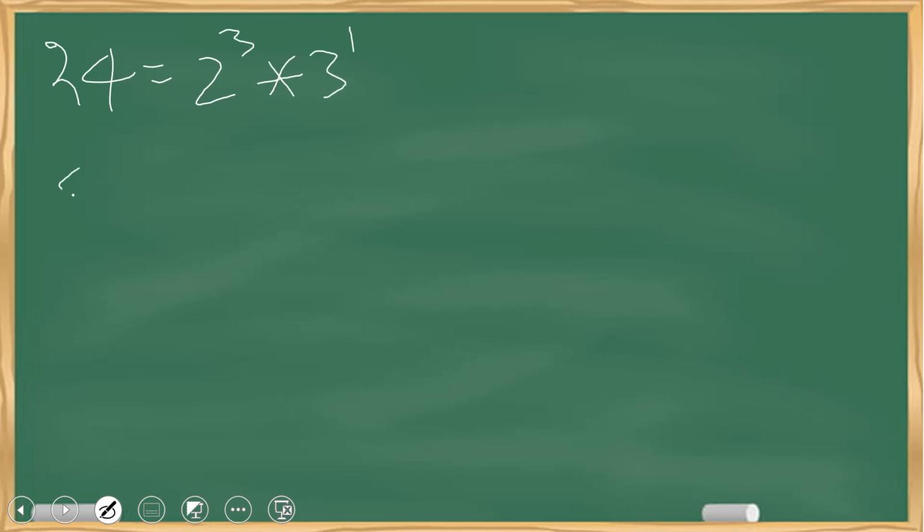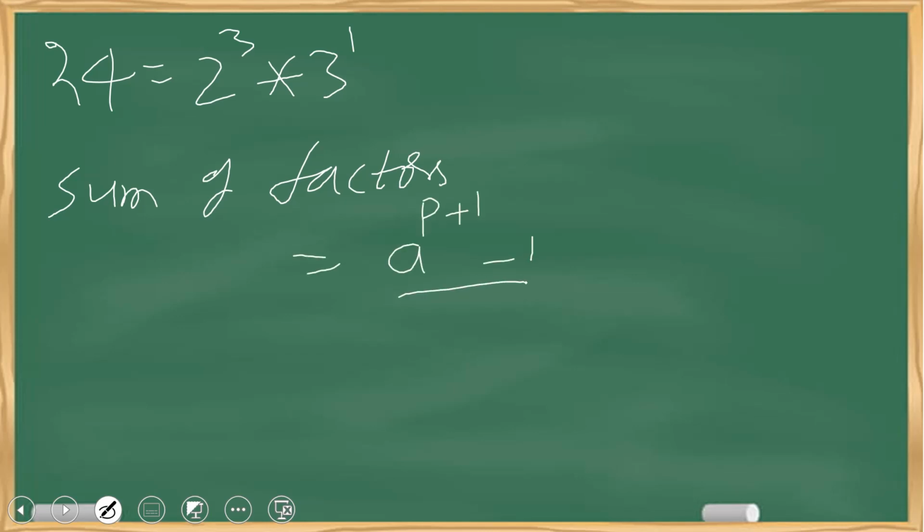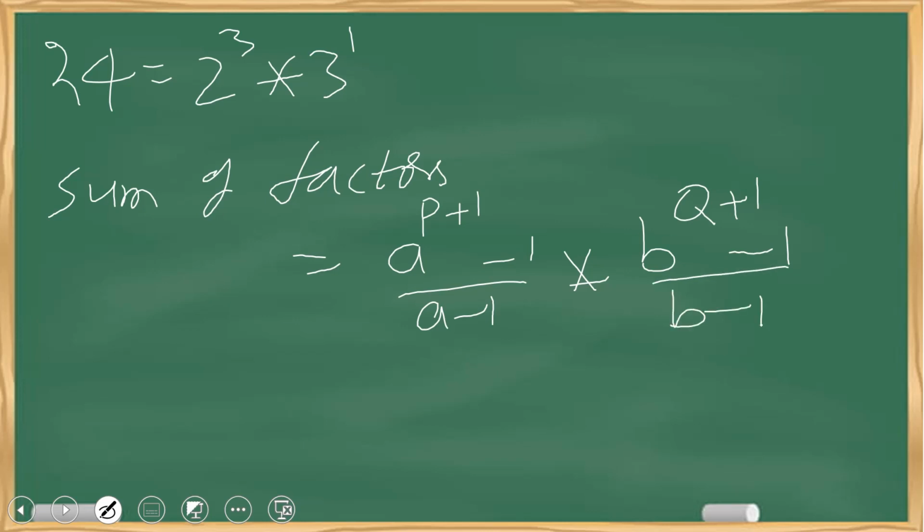sum of factors. Sum of factors is equal to (a power p plus 1 minus 1) by (a minus 1) into (b power q plus 1 minus 1) by (b minus 1), and so on. a power p plus 1: 2 power 3 plus 1 is 2 power 4, that is 16, minus 1, by 2 minus 1, into 3 square, because 3 power 1 plus 1 is 3 square, 9 minus 1, by 3 minus 1.